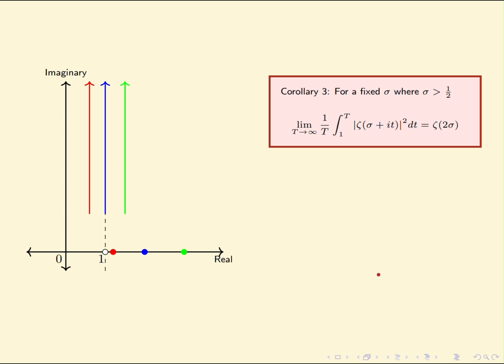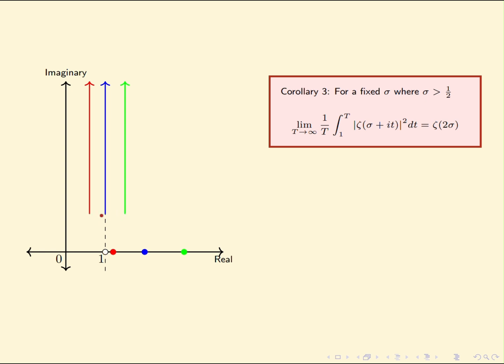Okay, so just to go over what we proved so far, corollary 3 is the next most interesting result here. For fixed sigma with sigma greater than 1/2, this mean value limit is equal to zeta of 2 sigma. That's saying that if I took one of these vertical lines, although if sigma is exactly equal to 1, then there's a singularity here, so I have to start at some point above 0.